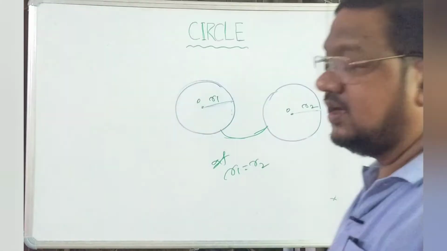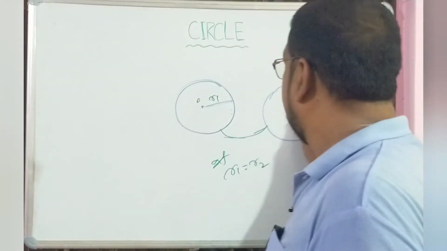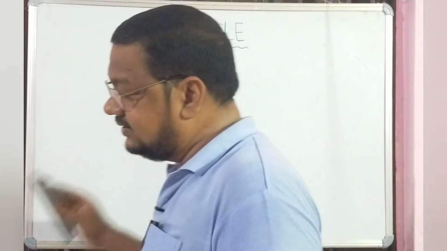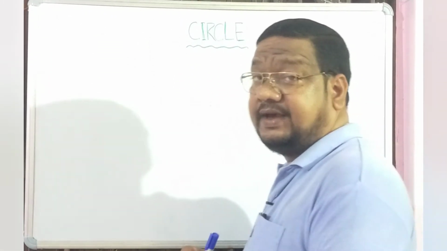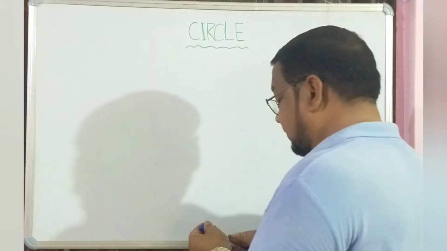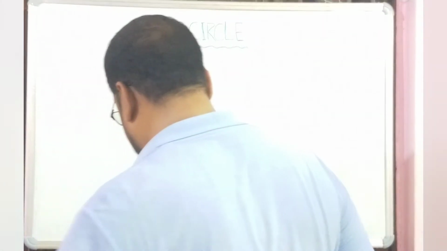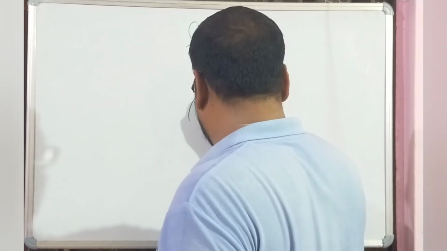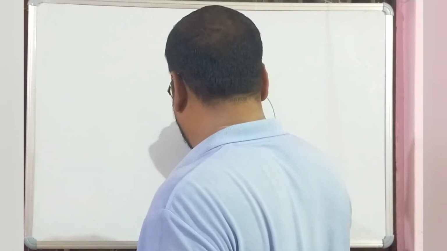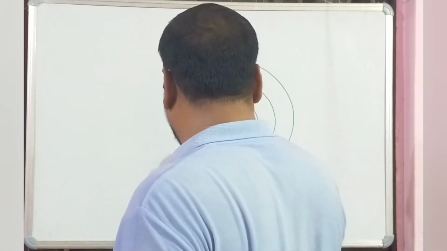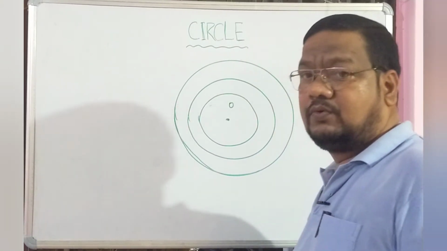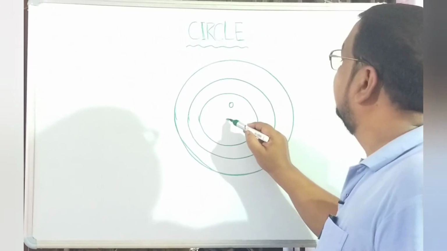Then concentric circles. What do we mean by concentric circles? Concentric circles means circles having the same center and different radii. Suppose the circles are like this, having the same center O and different radii.